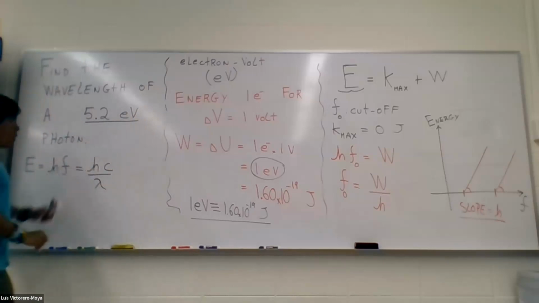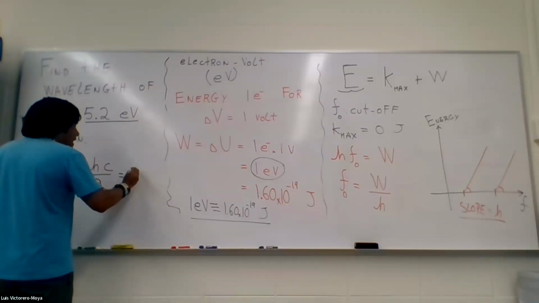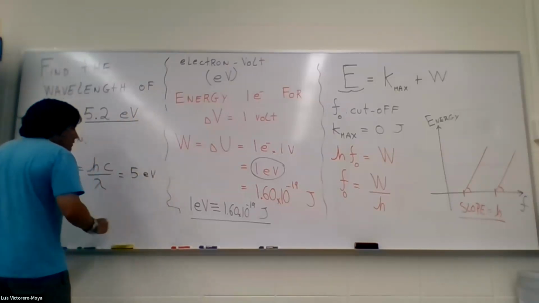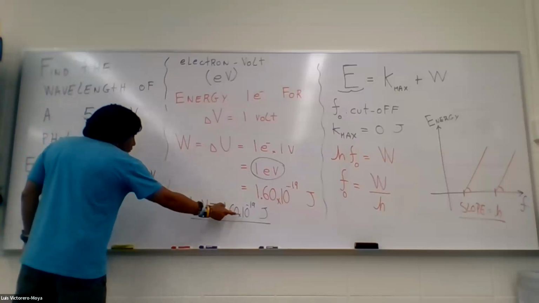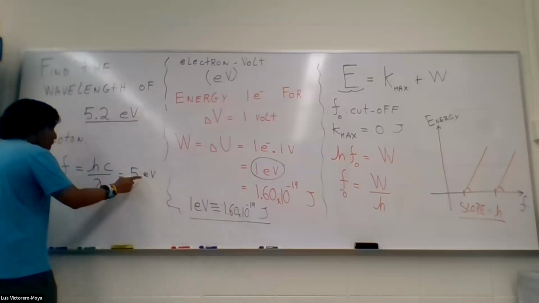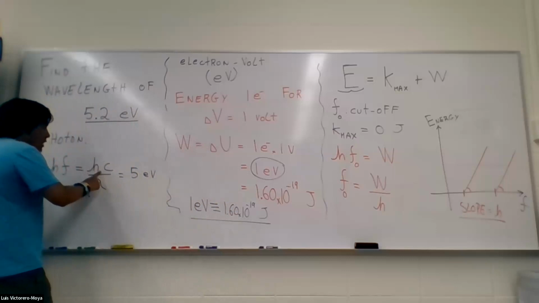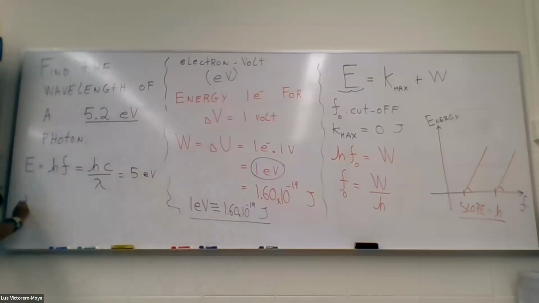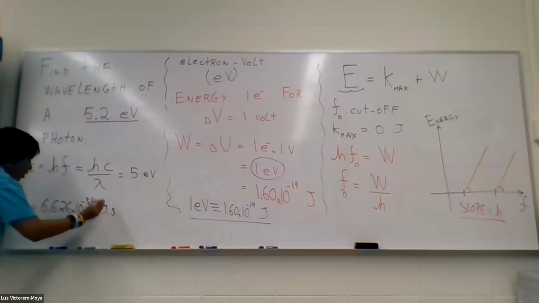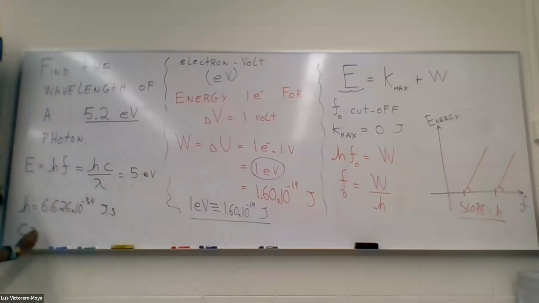So I make this equal to 5.2 electron volts, but you have to change this to joules, because h is 6.626 times 10 to the negative 34 joule seconds, and for the speed of light you can use 3 times 10 to the 8 meters per second. So let's do that.